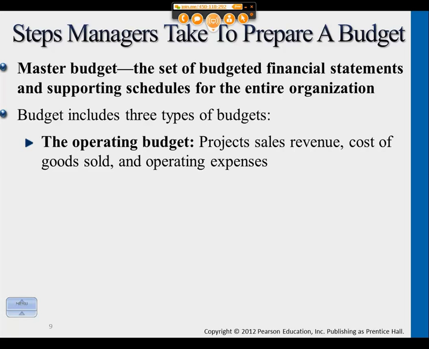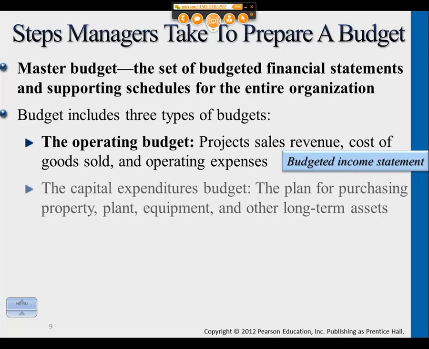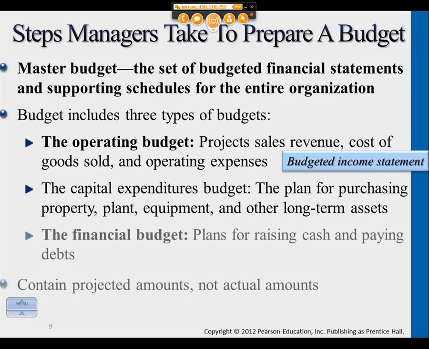So what are the 3 budgets that it has? We have the operating budget. Operating budget projects sales revenues, cost of goods sold, and operating expenses. And it's your budgeted income statement, all right, in parts.